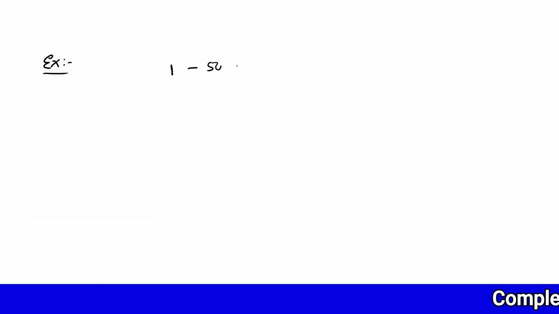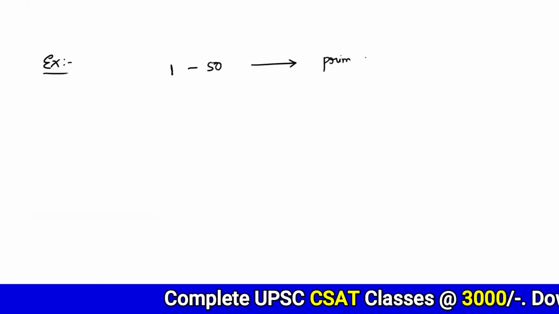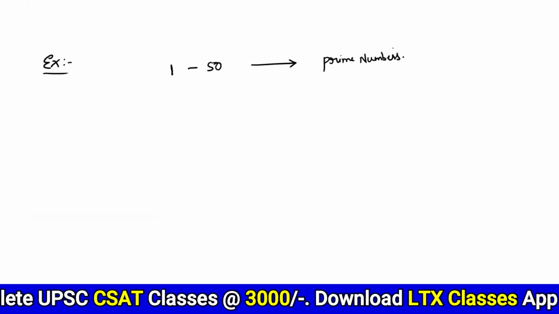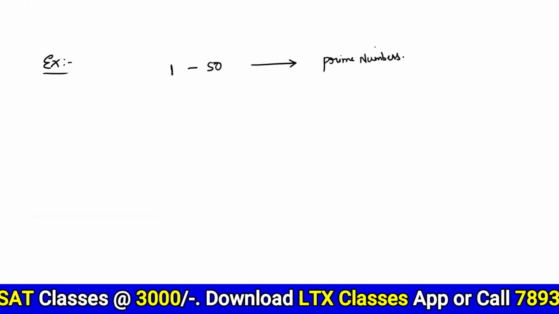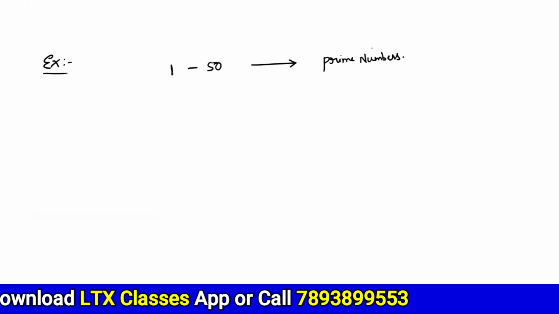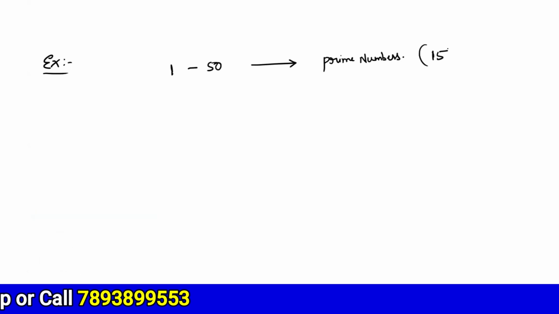From 1 to 50, how many prime numbers are there? 15. Very good. There are 15 prime numbers.